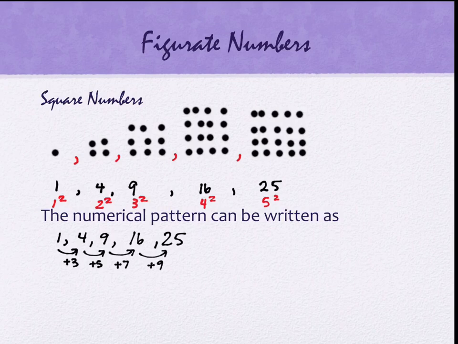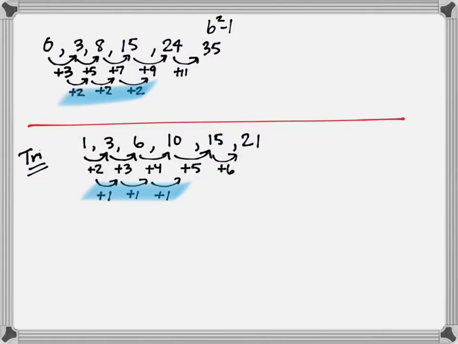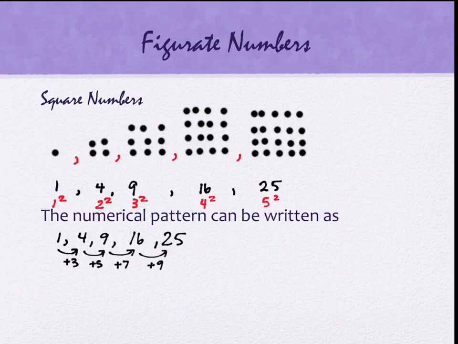You probably recognize it already. The next one we would add 11. In fact, it looks almost identical to the first one on the screen. If you didn't see it, notice these are all going to be plus 2. So once again, they have a common second difference.